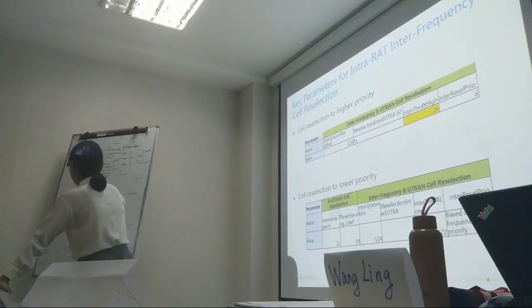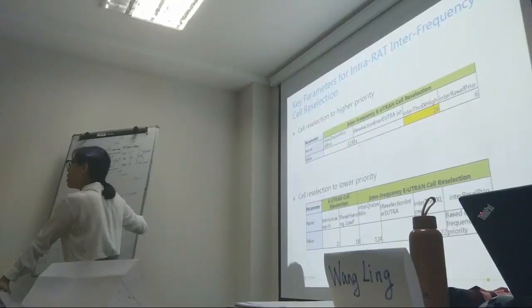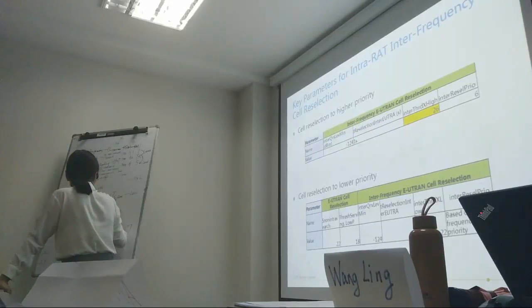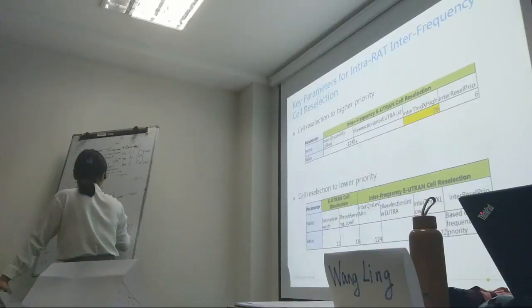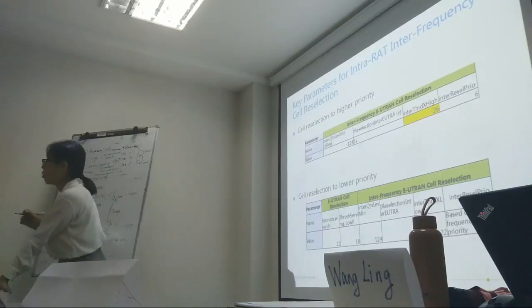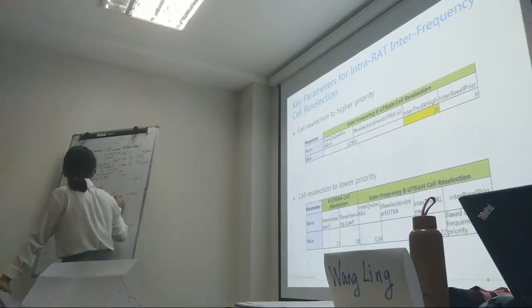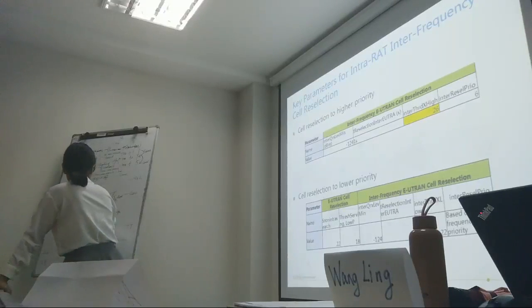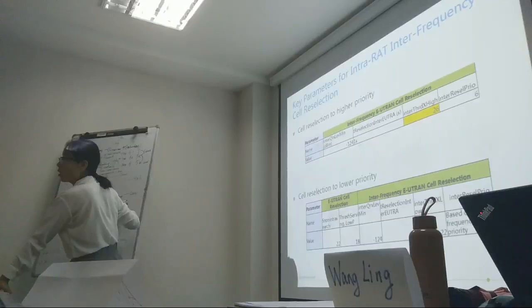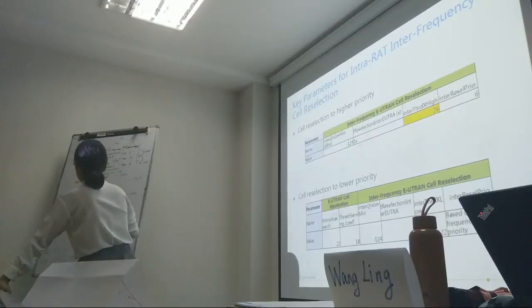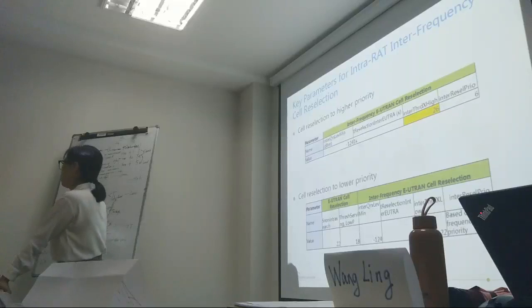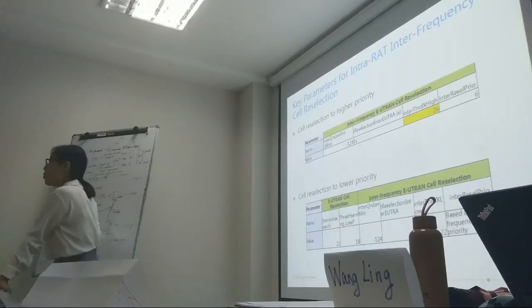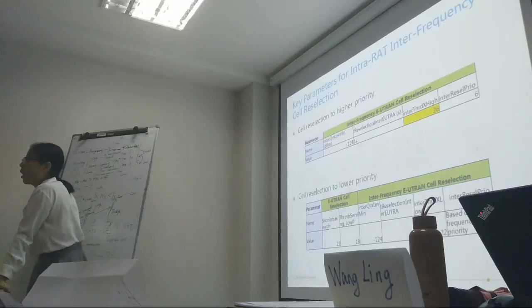Since I always perform high priority measurement, if I find a high priority cell higher than the high priority threshold, I will reselect to the high priority. If there is no high priority and no same priority, I need to go to the low priority.